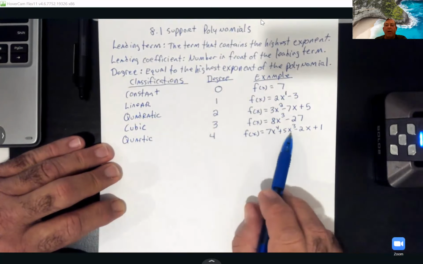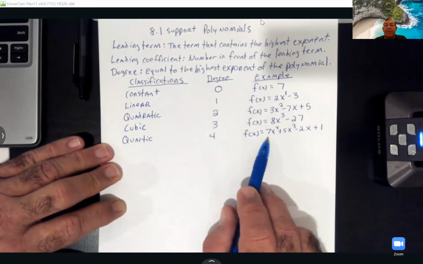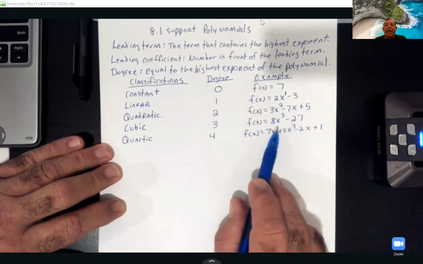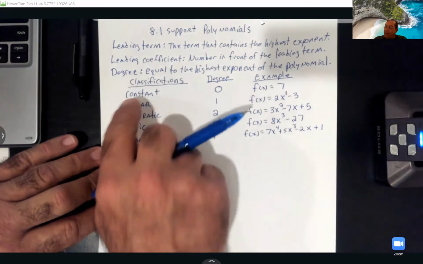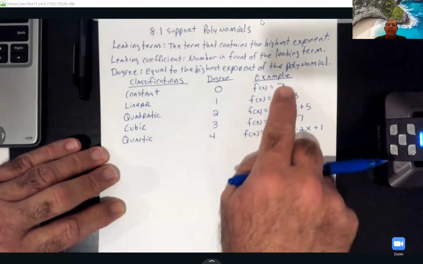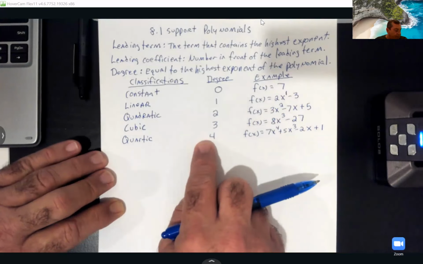This would be a 4-term polynomial. The leading term is 7x to the 4th. Lead coefficient is the 7, and it has a degree 4. Okay, so all these classes are looking at the highest exponents of these to get their degree.